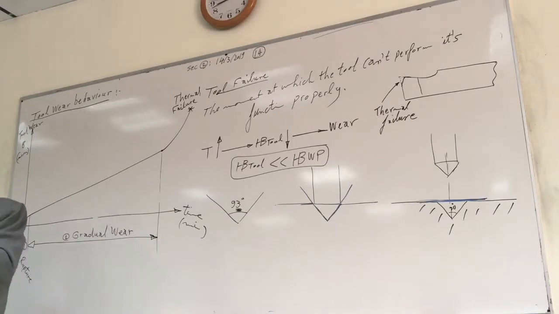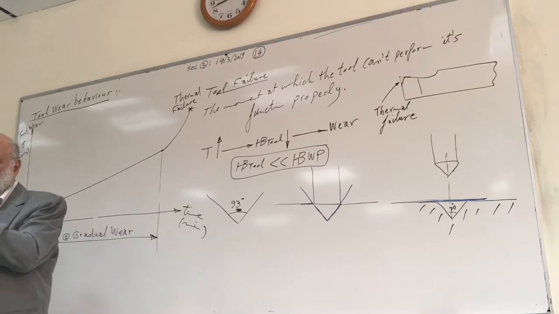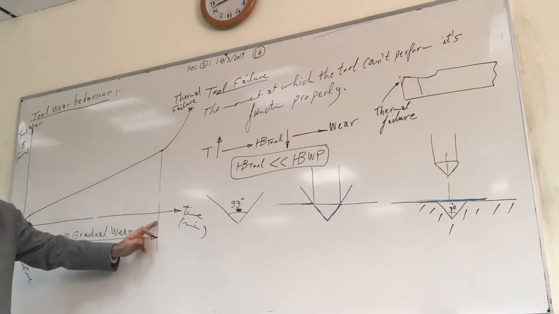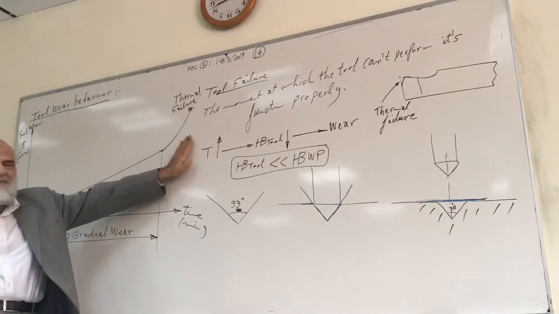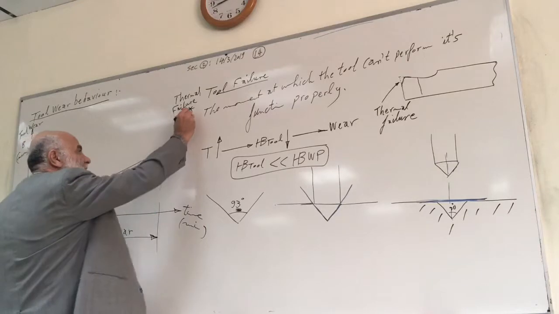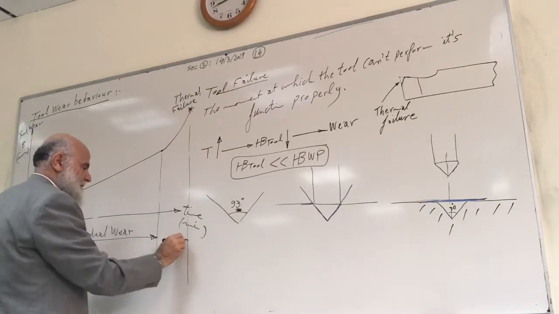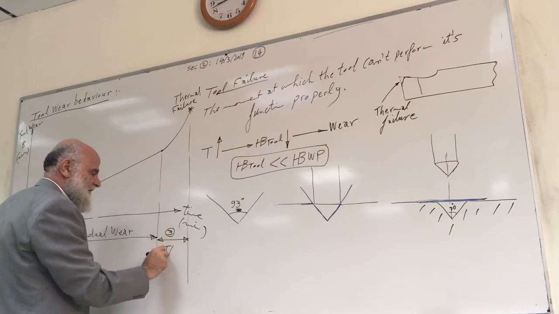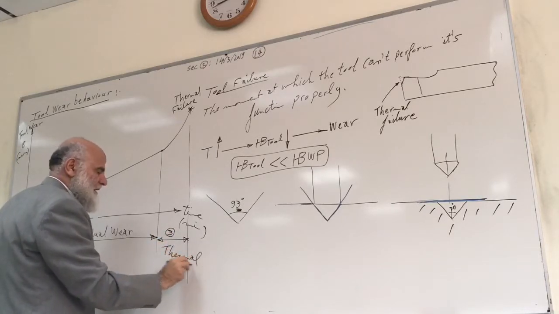But I want to tell you an important point: no one uses the tool outside this range. This range here is number 3, area number 3, outside zone 3. Thermal effect.